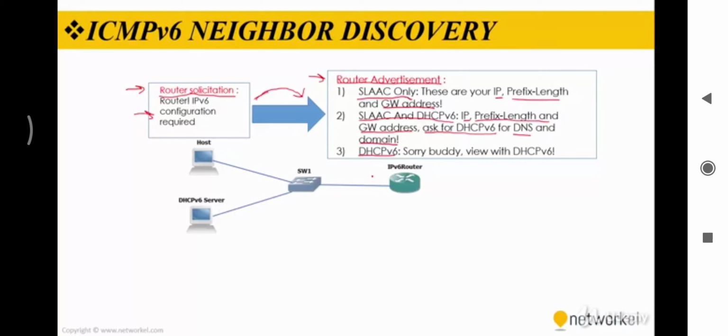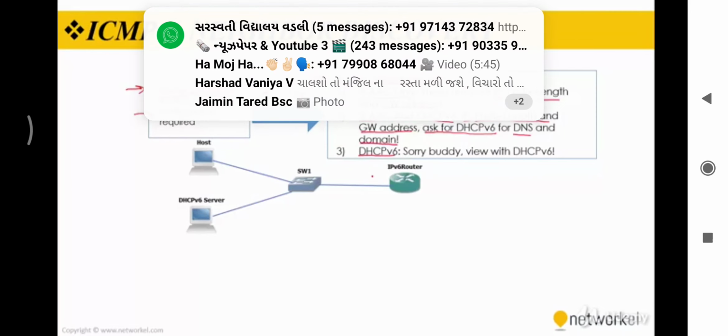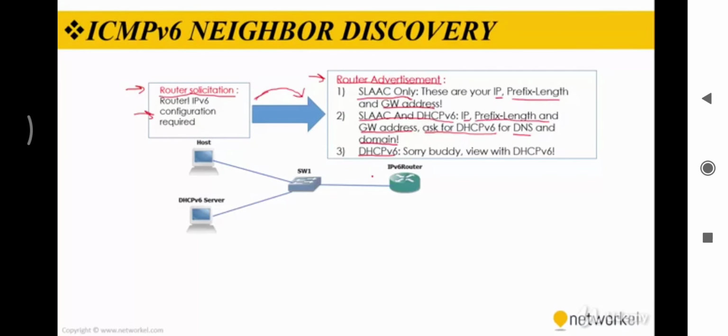And we have the neighbor advertisement message, which is usually sent by a device in response to the solicitation message. And lastly, we have the redirect message, which has similar functionality as in IPv4 and is used to notify the router of a next hop closer to the destination.